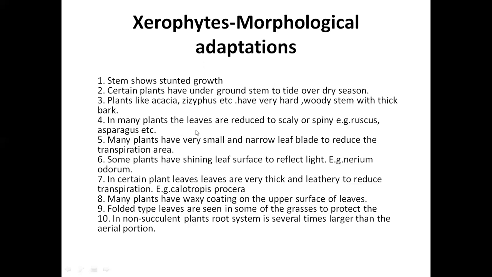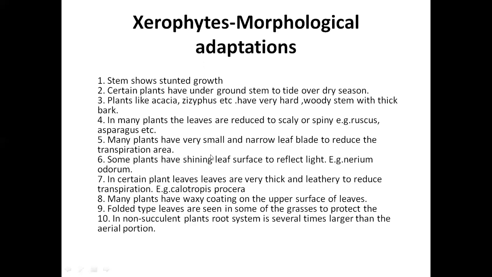And in many plants, the leaves are reduced to scaly or spiny, for example, Ruscus and asparagus. To prevent the loss of water or transpiration, in certain plants leaves are modified as scale leaves or spines. And many plants have very small and narrow leaf blades to reduce the transpiration area.